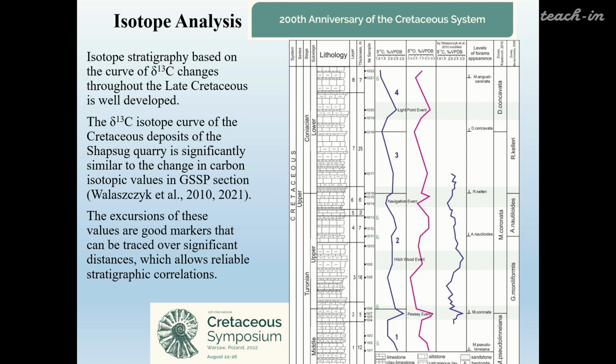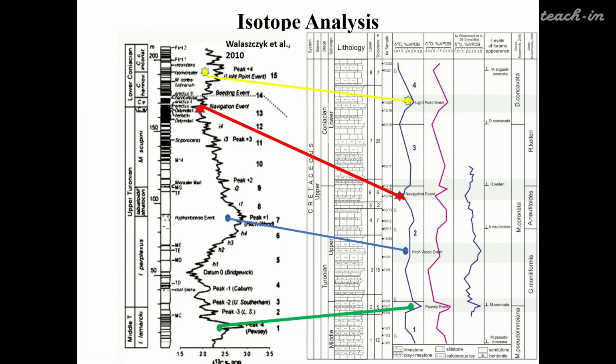The isotopic data and curve from the Cretaceous deposits of the Shapsug quarry are significantly similar to the change in carbon isotopic values in the GSSP section.